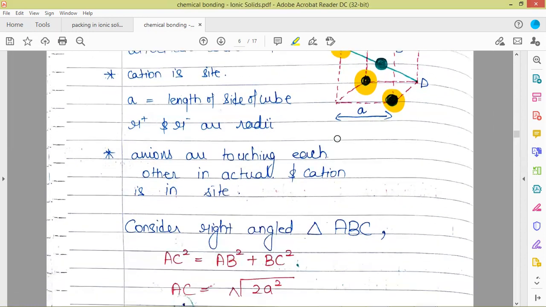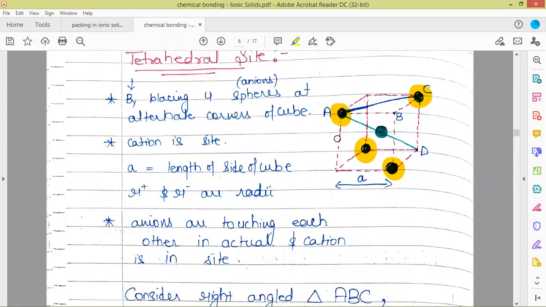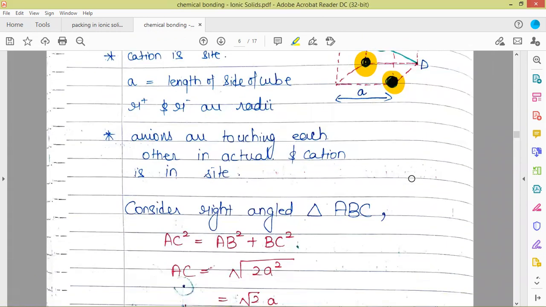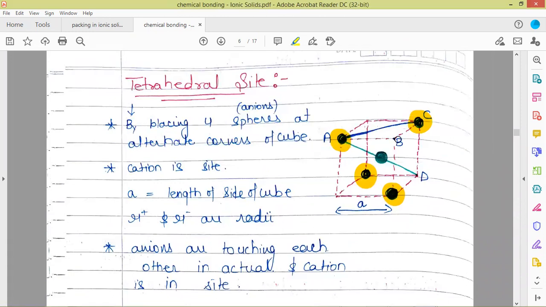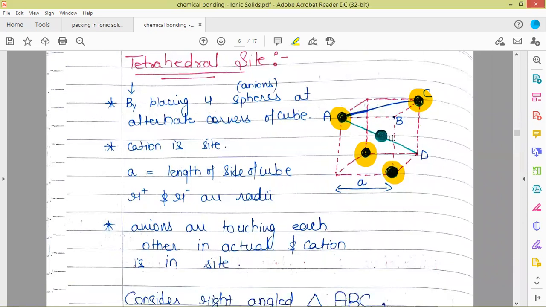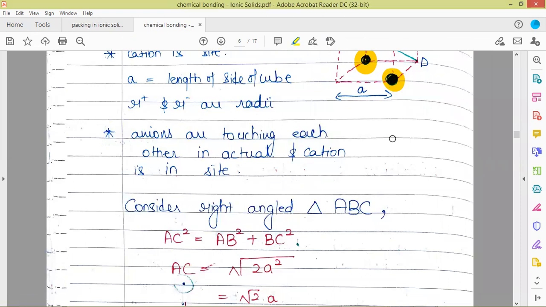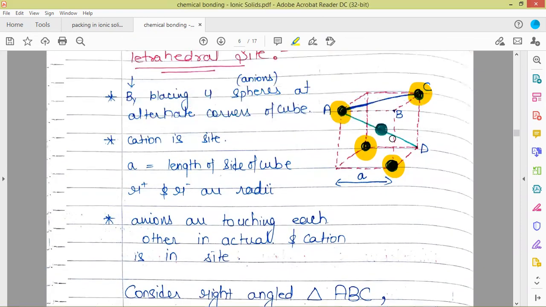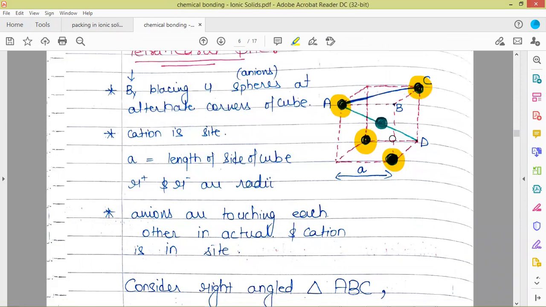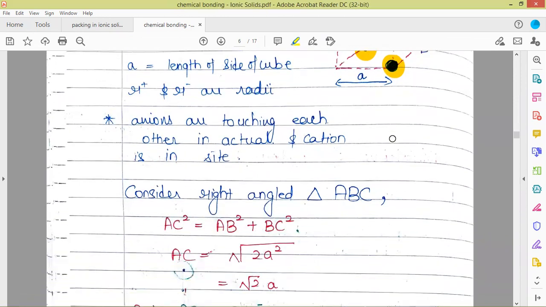So if we see this right angle triangle ABC, here AC square is equal to, according to the Pythagoras theorem, AB square plus BC square. AB square is A square, BC square is also A square.